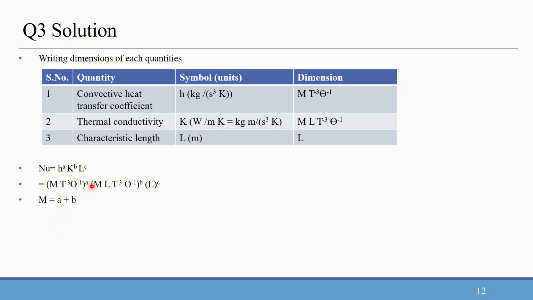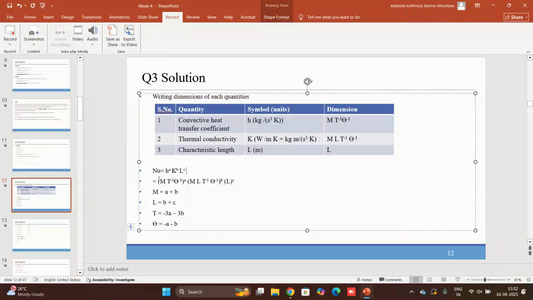And now we are comparing the dimensions of LHS and RHS. So if we write this particular thing on the LHS side, it will be 0, 0, 0.